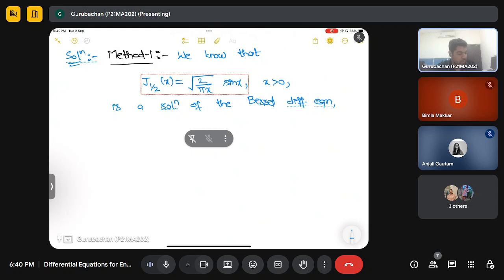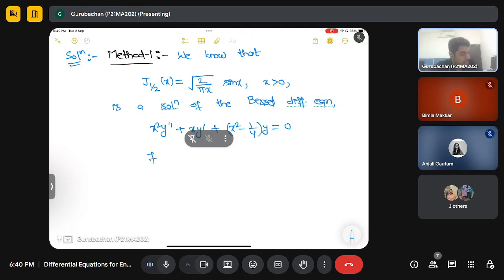So what is the Bessel differential equation? X square y double dash plus x y dash plus x square minus 1 by 4 y equal to 0. So we know that this is the solution of the following Bessel equation.